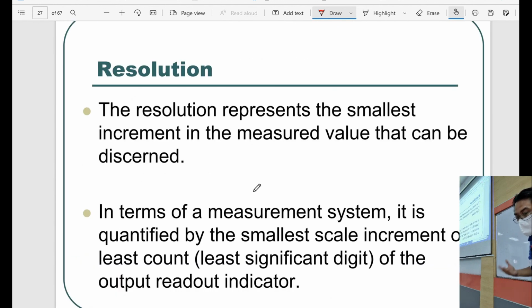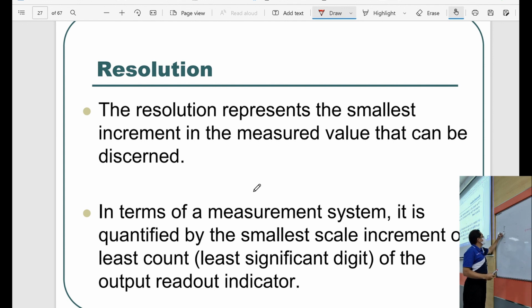Another terminology is the resolution. It is the least significant digit that can be read by the indicator, actually the scale. If you have a scale like this, the smallest indication here is the resolution of your system.